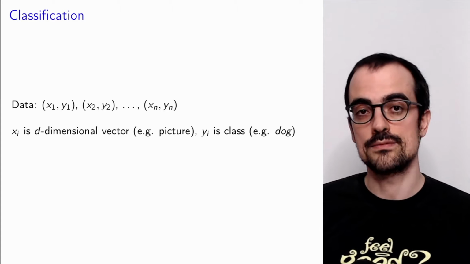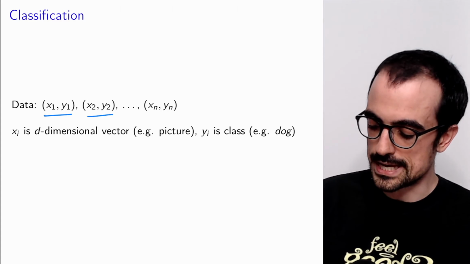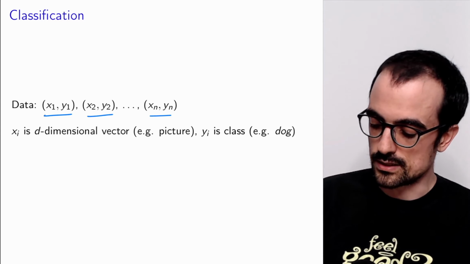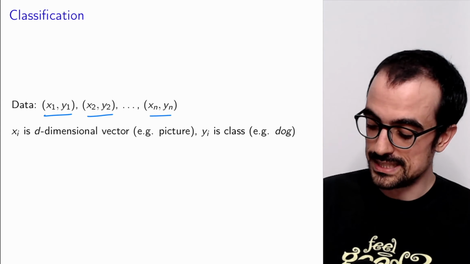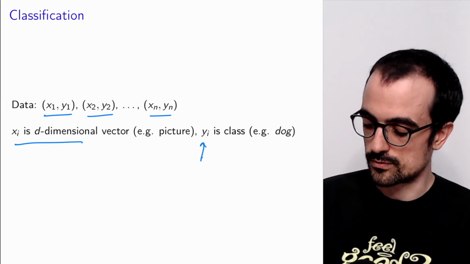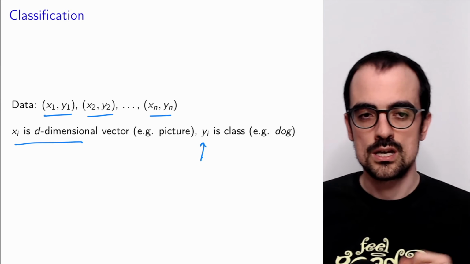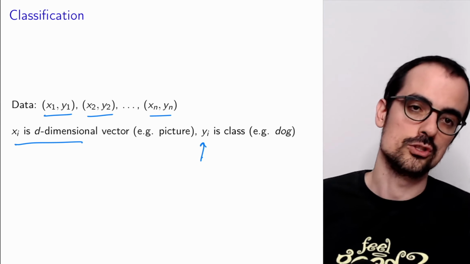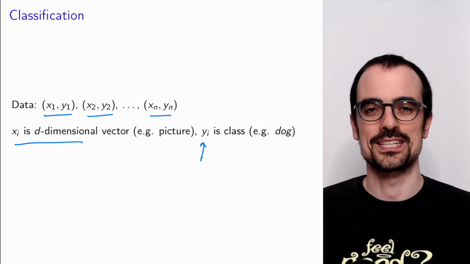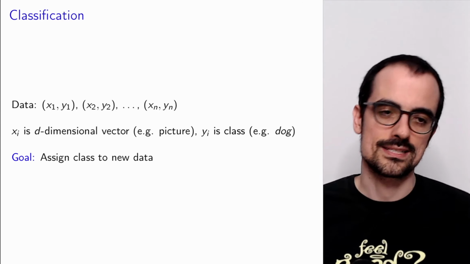The first one is in classification, where we have examples of data vectors that are d-dimensional, that are associated to some kind of class or label. For example, you could think of the x's as pictures and the y's as what is in the picture, like dog or cat. That's the classical example in machine learning. The goal is, from a new picture, to say if it's a dog or a cat.